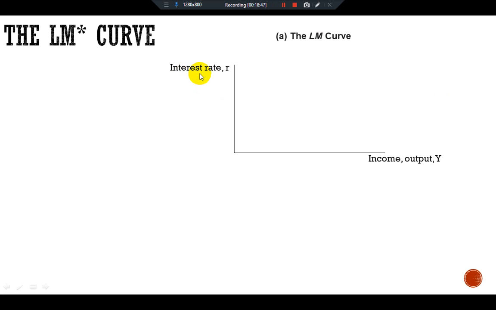Here we have interest rate r on the y-axis, and we have an upward sloping LM curve, and we have a fixed exchange rate because we have supposed that we have a small open economy, so the domestic interest rate is equal to the world interest rate.